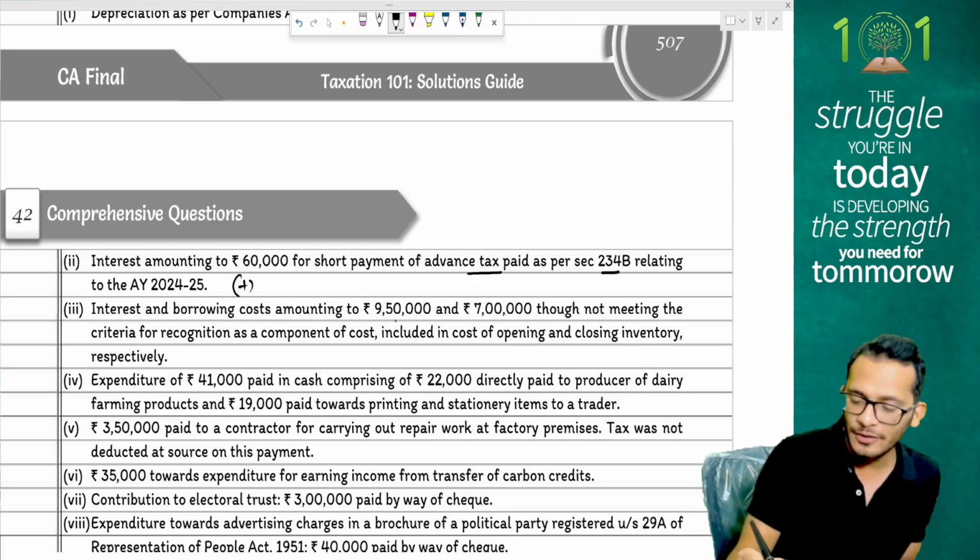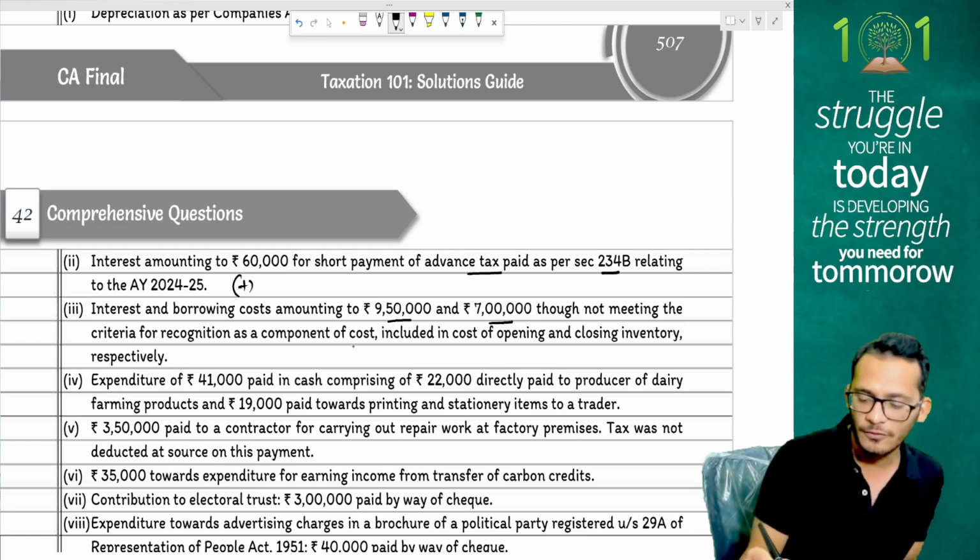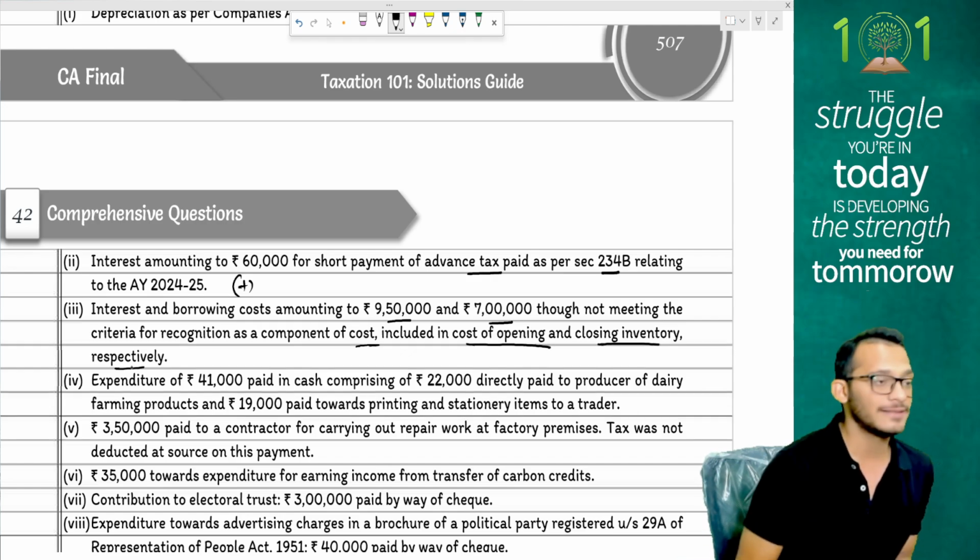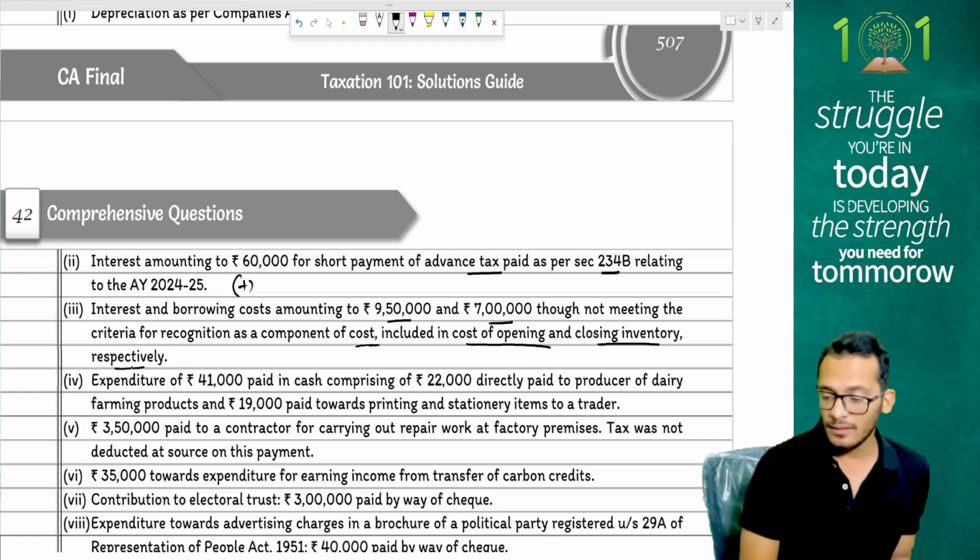Interest and borrowing cost amounting to 9 lakh 50 thousand and 7 lakhs, though not meeting the criteria for recognition of a component of cost, is included in the cost of opening and closing inventory respectively.